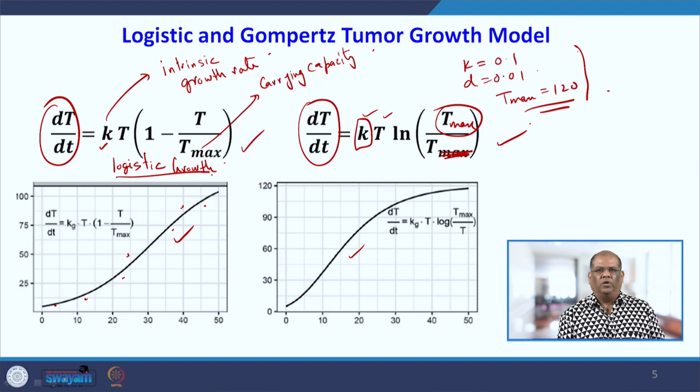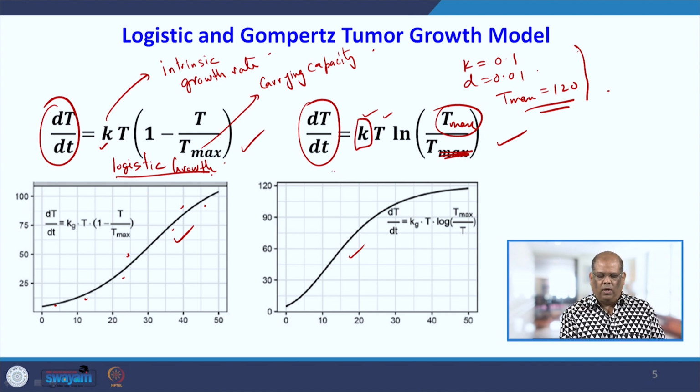The function which matches most with the data is the function that we take to represent that particular kind of tumor. That is why we are learning so many forms of tumor growth, so that for a particular tumor we are able to see which function actually fits the data.